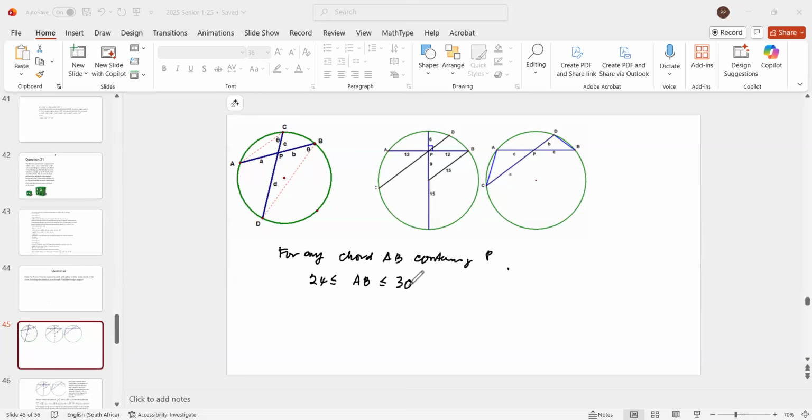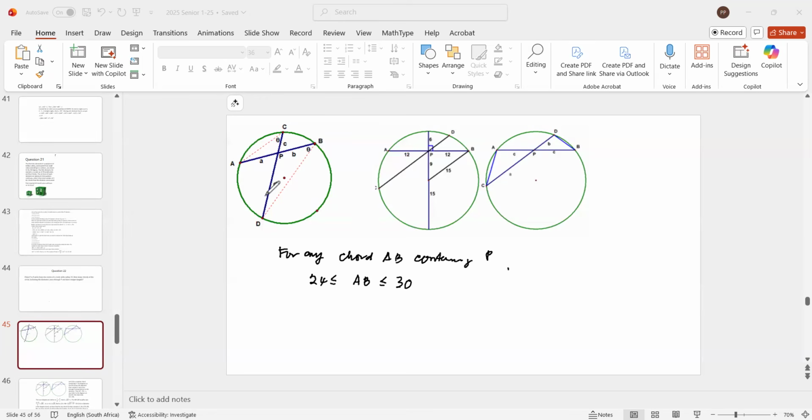We saw the diameter is 30. Now we want integer values. So 24 is an integer, 30 is an integer. The question originally is, how many integer lengths do you have for these chords?